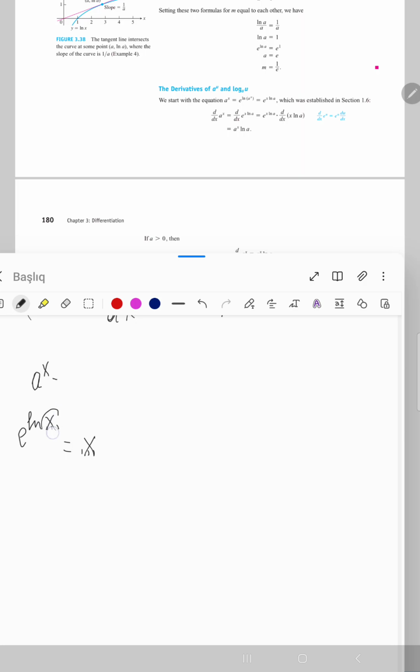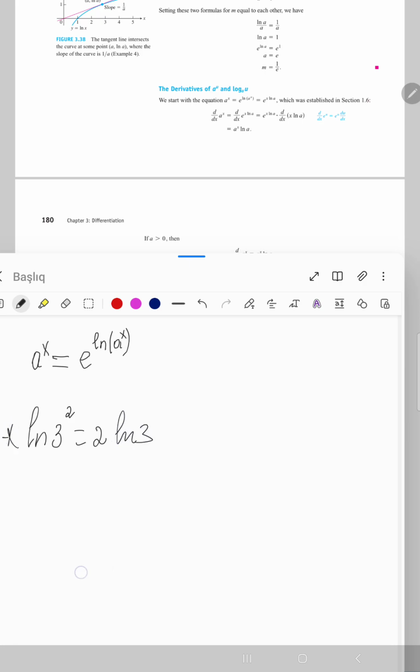So what you put in here will be the answer. This is a nice rule that you should remember, and it's really helpful to prove a lot of things. So it means you can write it as e to the ln a to the x, yes? And we know that ln 3 squared will be equal to 2 ln 3. It's a nice rule.